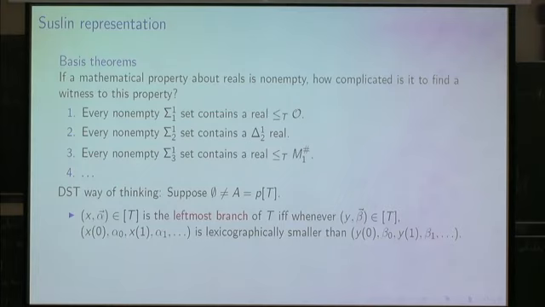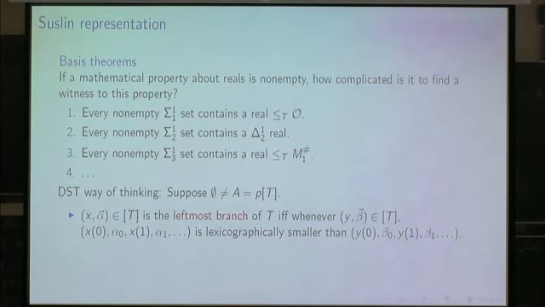So we just talked about the Suslin representations. The way of looking at this is that the trees must be easily defined so that the leftmost branch should not be that hard to define. Let's say we have a set of a certain complexity which is non-empty and Suslin.